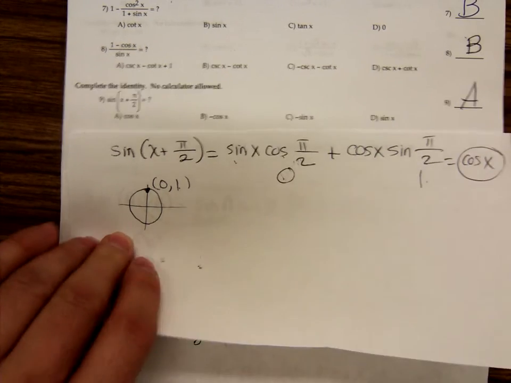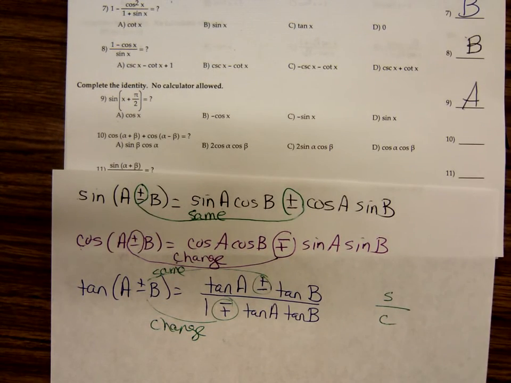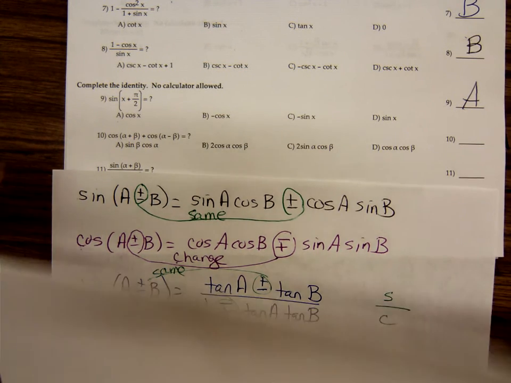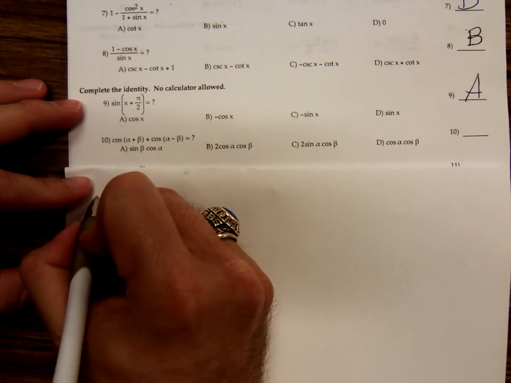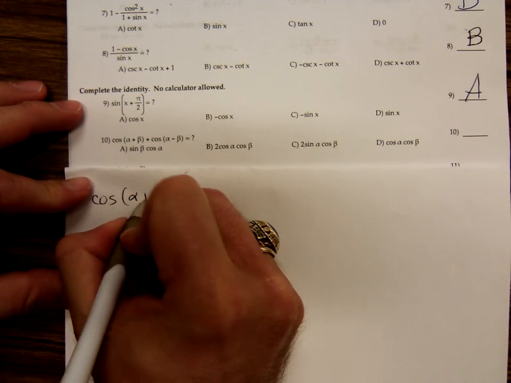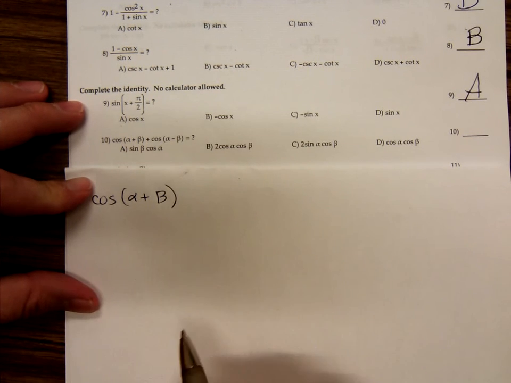Oh no! Look at number 10. It really looks messy, doesn't it? So problem number 10. I better color code this. Cosine alpha plus beta. The beta looks like a B. Plus.